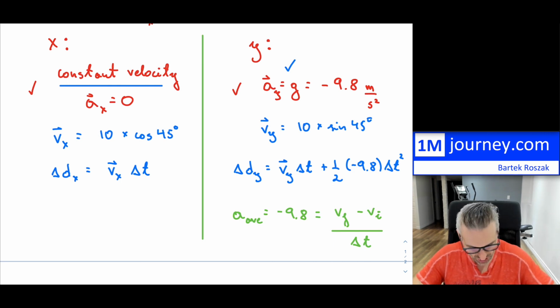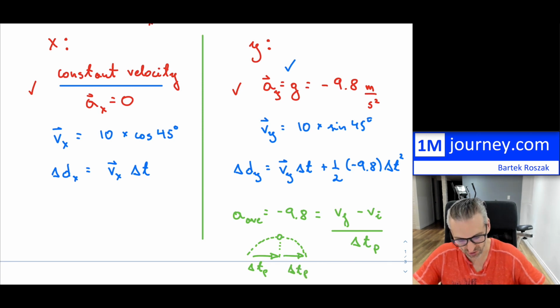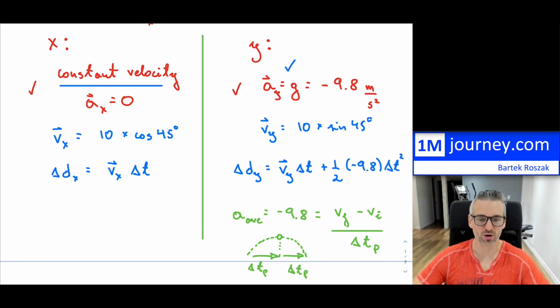But now for this change in time, I'm going to put a little p for the peak. This is when the projectile goes all the way around, peaks there, and then comes down. Now we know that this little delta t peak, where it reaches the peak, is basically the same amount of time that it would take to make this cannonball fall down. So the entire time is going to be twice as long.